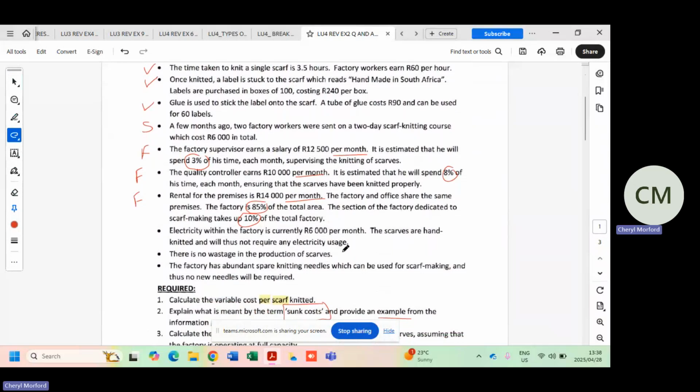That we will look at in Learning Unit 7 when we do job costing. We do spoilage. Then finally, the factory has enough knitting needles. They don't need to purchase any new ones, so there's obviously no associated cost with that. So let me do number 1 and number 3 at the same time based on that categorization that I've just gone through.